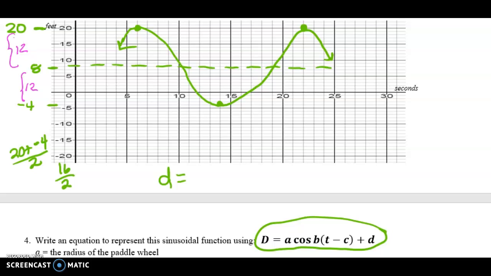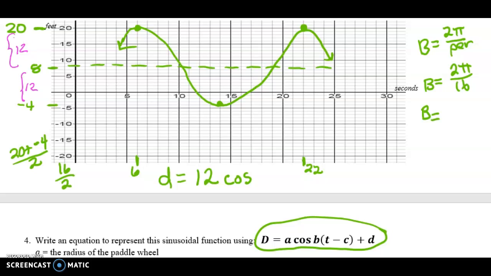The amplitude is 12. From -4 up to 8, that's 12 units, and from 8 up to 20, that's 12 units. So amplitude 12, and we always use cosine for these. Now B: this is 6, and this is 22. So the period is 16. Of course, we knew that. B equals 2 pi divided by the period, or 2 pi divided by 16.